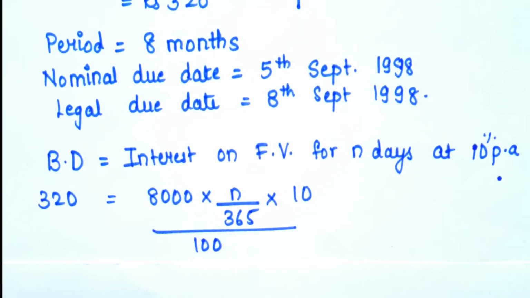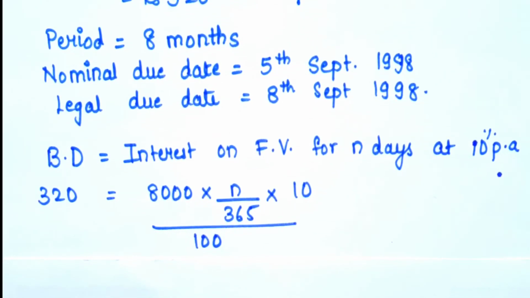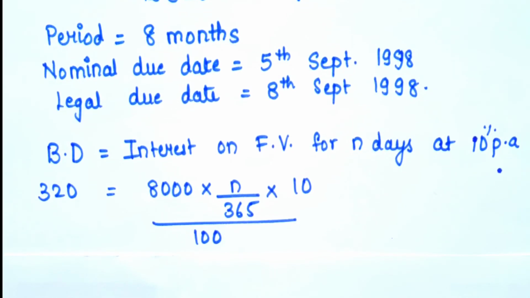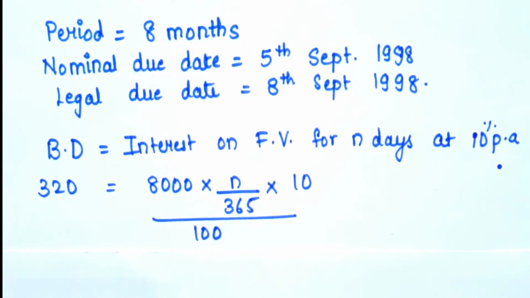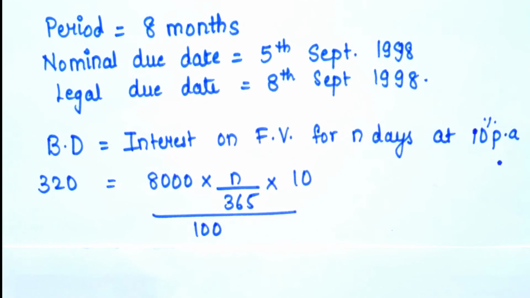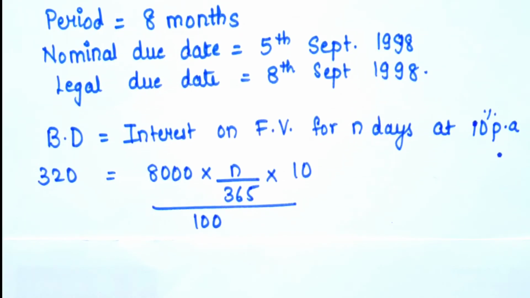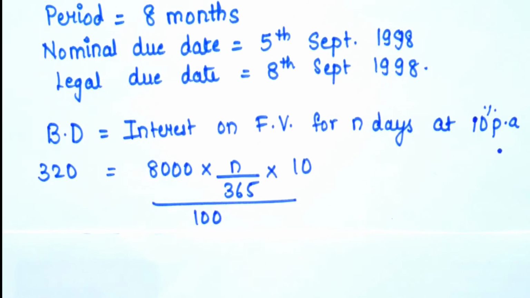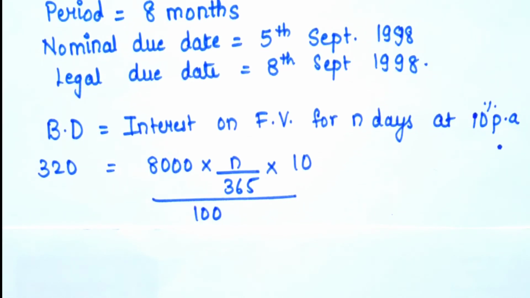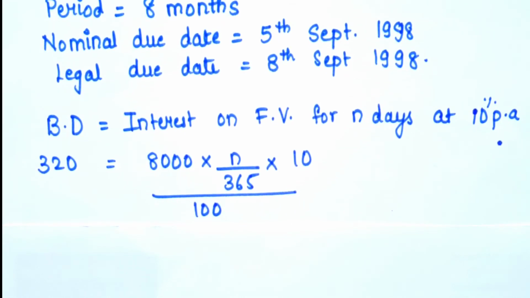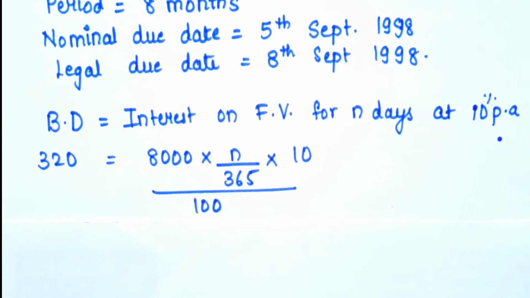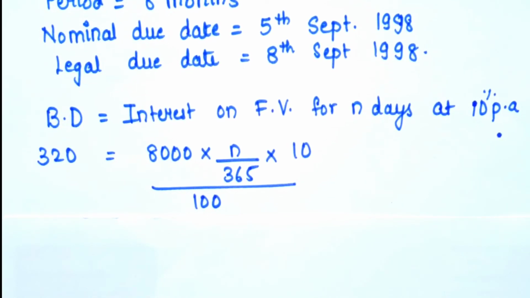Banker's discount is known to you, so we put the value there: 320 is equal to 8,000 into, just like we have done for the previous sum, n upon 365 years, into rate of interest, 10% per annum, upon 100.